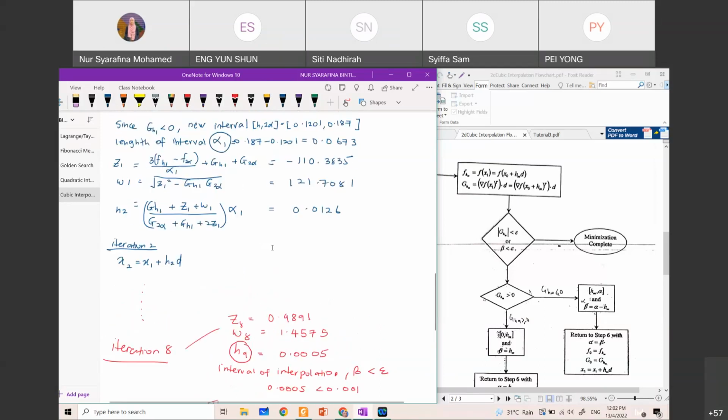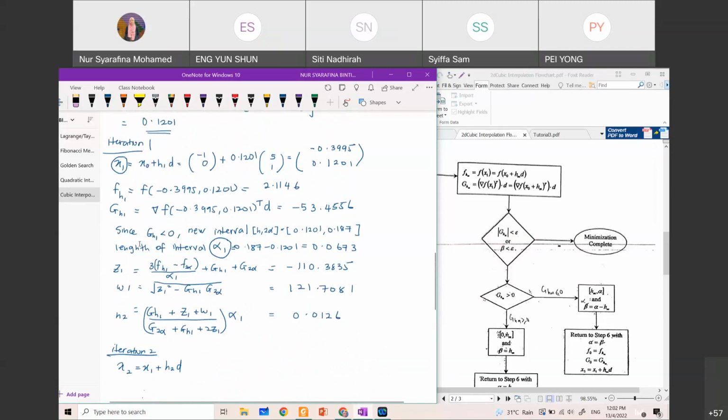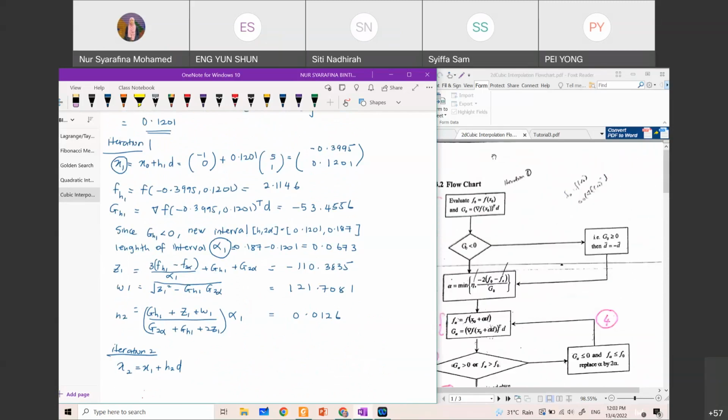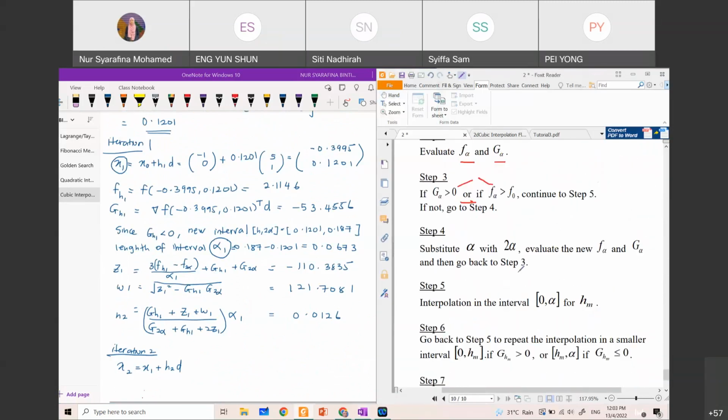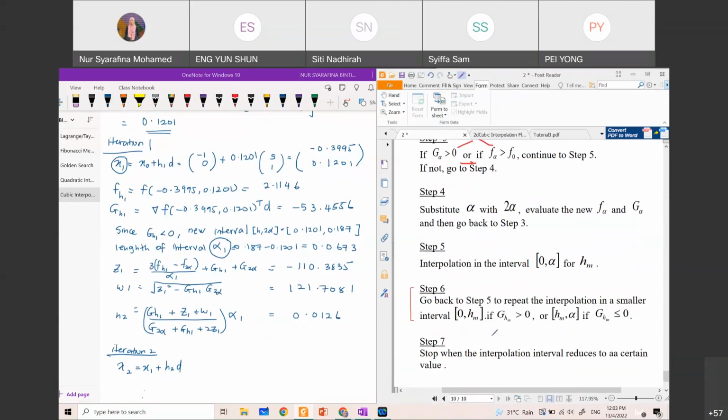Okay, for the interval choice here, you need to check with this, step number 6. If GHM is greater than 0, the new interval is 0 to HM.